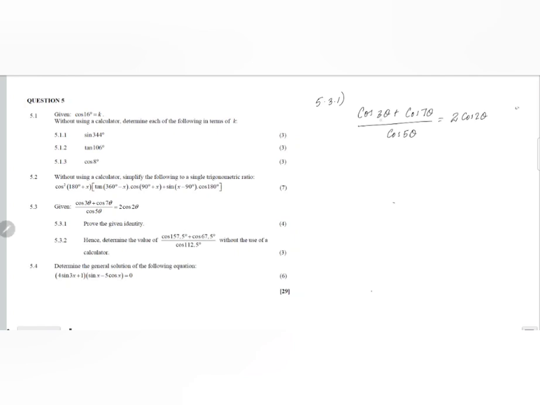Look at the numerator. This 3 theta and this 7 theta, you can split it in such a way that we can do this question very easily. That is, cos 3 theta we can write as cos of 5 theta minus 2 theta. What is 5 theta minus 2 theta? 3 theta, isn't it? Similarly, second one we can write cos 7 theta as 5 theta plus 2 theta, divided by cos 5 theta.